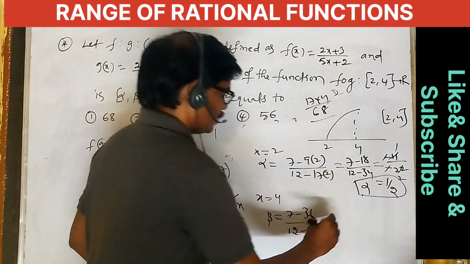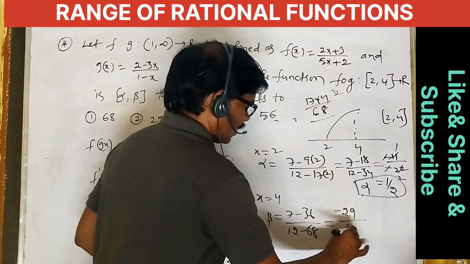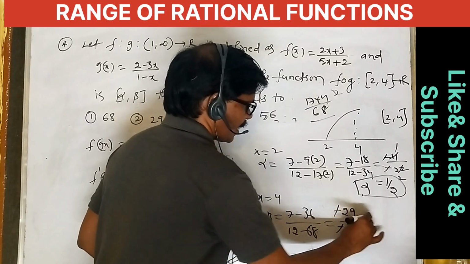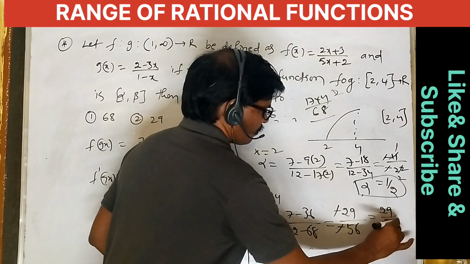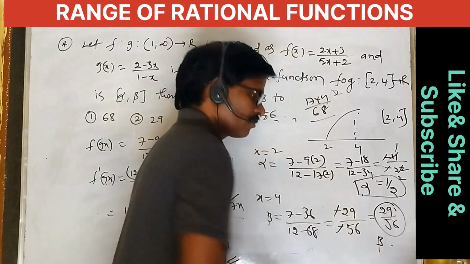Subtraction means 7 minus 36 is minus 29, by 12 minus 68 is minus 56, minus cancel, equal to 29 by 56. Beta is equal to 29 by 56.